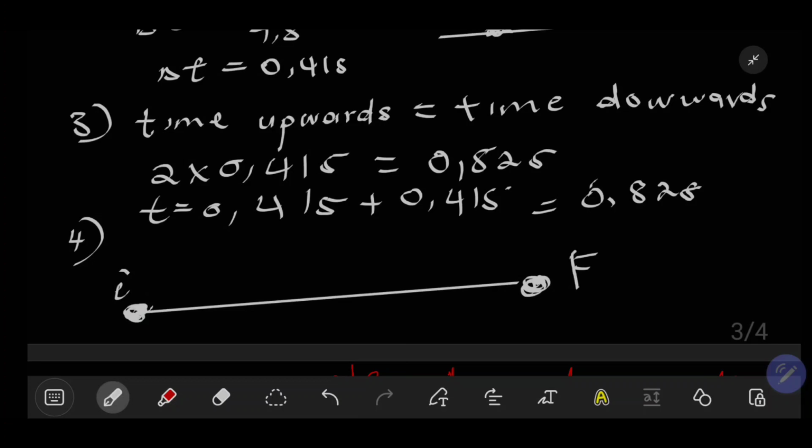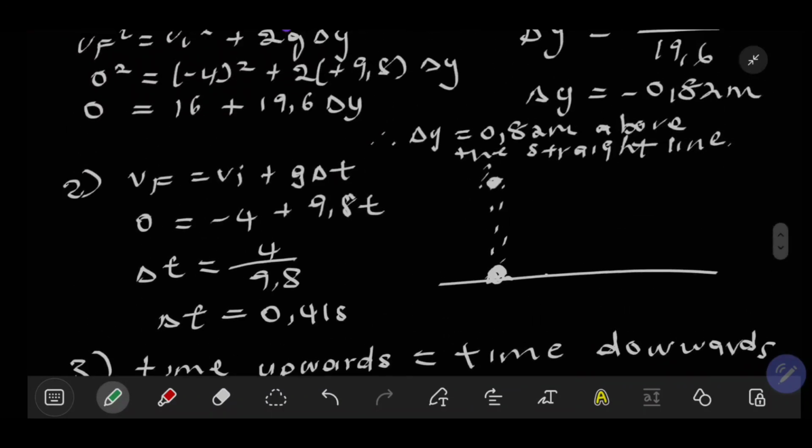But when you calculate the distance of something, we want to know whether this ball went this way, that way, this way, that way, until it reaches the final point. So the green one is our distance, and the displacement we measure from the initial to the final position in a straight line.